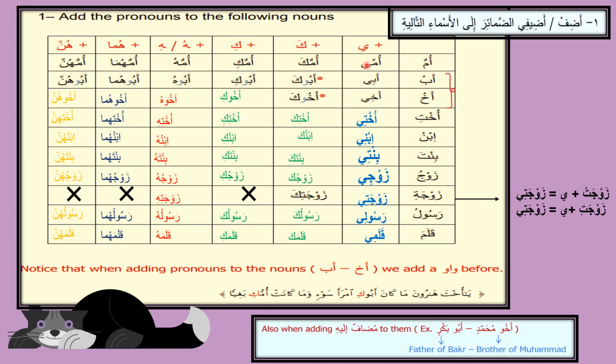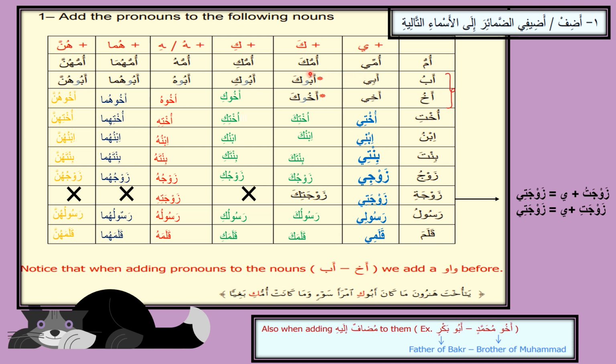When it attaches with the ya mutakallim, it's ummi. Even though the meem has a dhamma over it, when the ya mutakallim comes, it forces the previous letter to change its haraka to kasra. So from ummu, it becomes ummi. Now this happens only with the ya mutakallim.